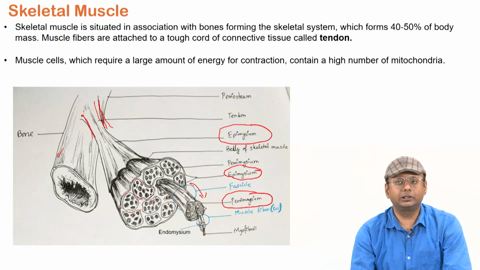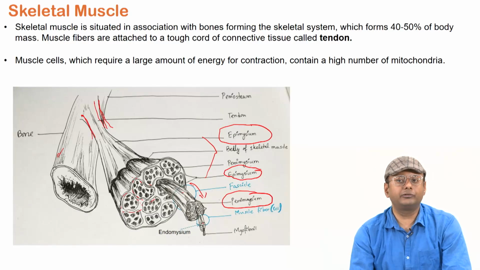So basically there are 3 layers of membrane present in the muscle. The outermost layer is the epimysium, the outermost layer of the muscle. Now if you pull out one group of muscle, then this middle layer is called perimysium, and then you can see there are further small fascicles.